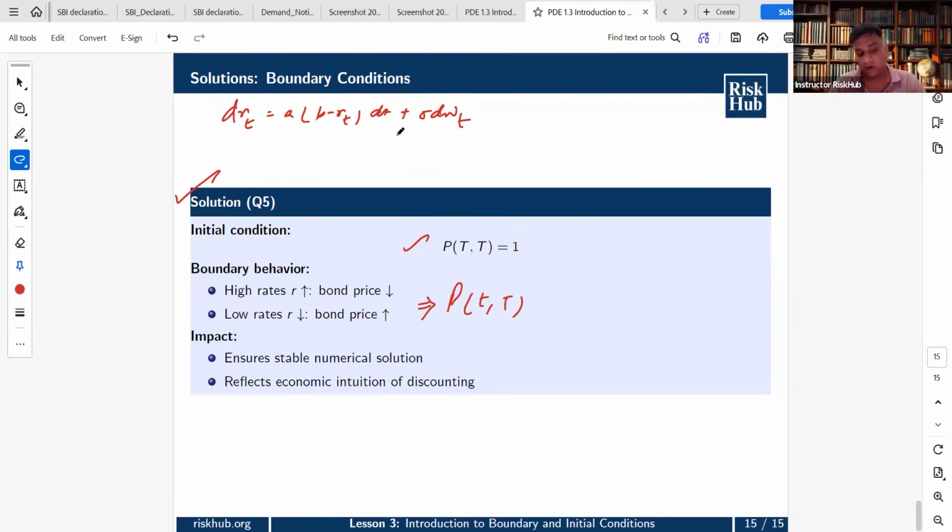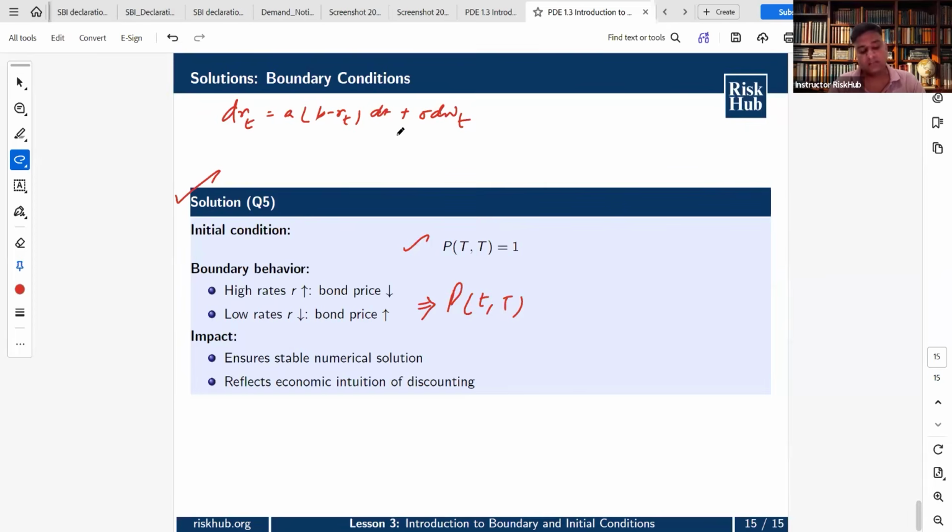So for Vasicek bond pricing conditions, make sure the model respects basic discounting logic, right? The final idea, if you want to join everything together: terminal payoff for a call, V(S,T) = max(S - K, 0). Terminal payoff for a put, as we have seen in question number 2, V(S,T) = max(K - S, 0), which is your put payoff at maturity. Dirichlet condition: V(x,t) = g(t), which fixes value.